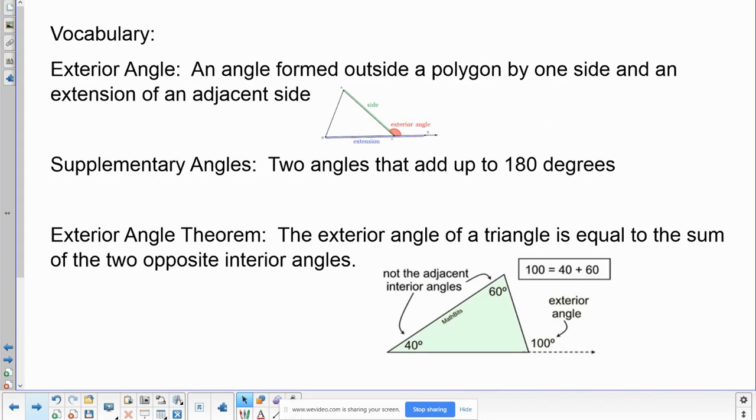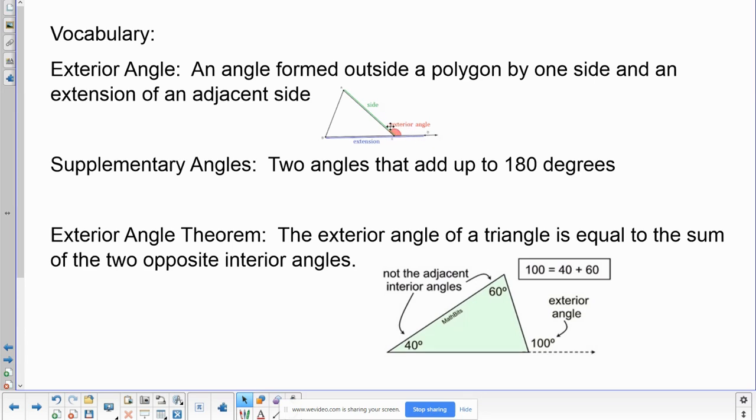The first vocabulary word, of course, is an exterior angle. An exterior angle is an angle formed outside a polygon, in this case a triangle, by one side and the extension of an adjacent side. Mathematically, here's our triangle. This is the side they're talking about. Then they extend, which means to draw one of the sides further out.